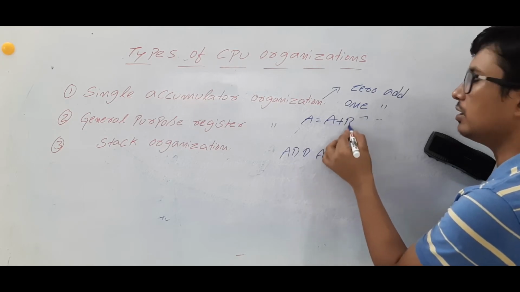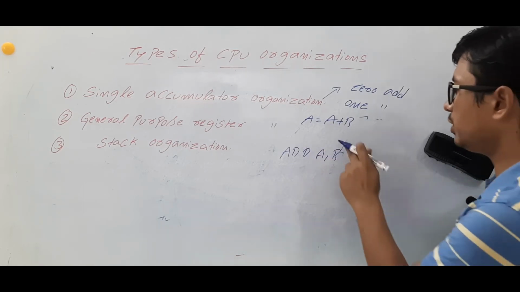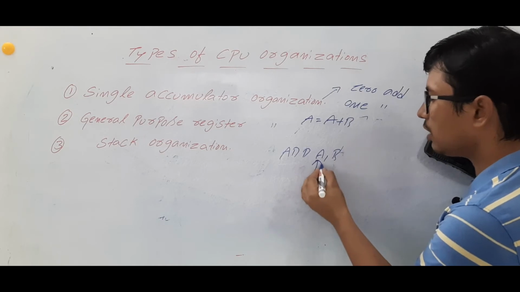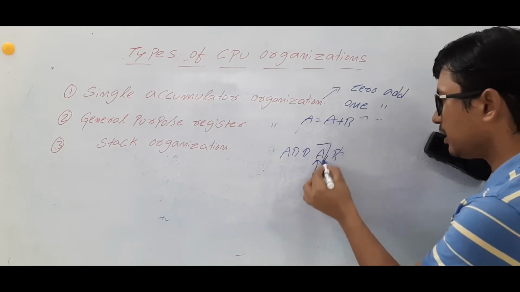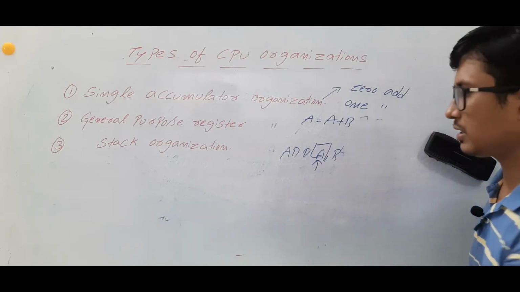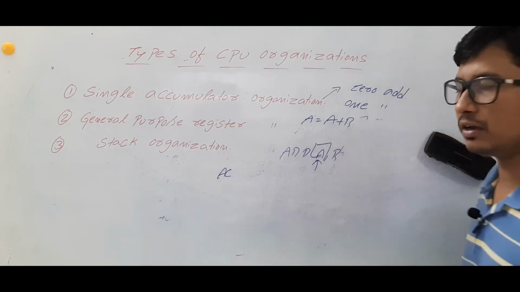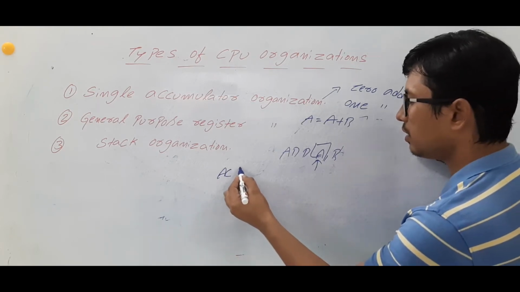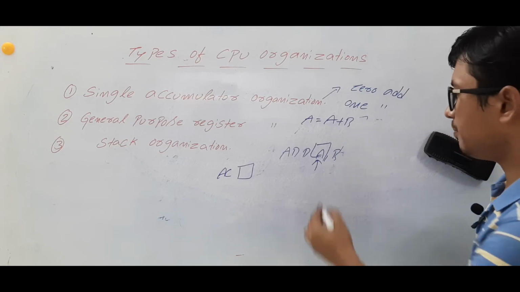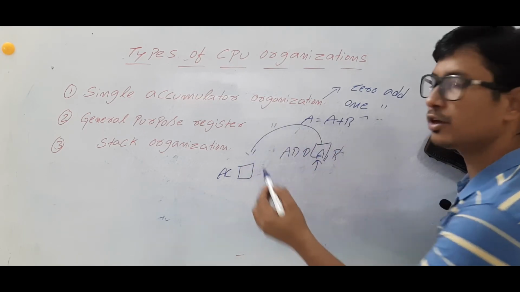Am I right or wrong? So what you will do is load the operand A, meaning the value of operand A, into the accumulator.